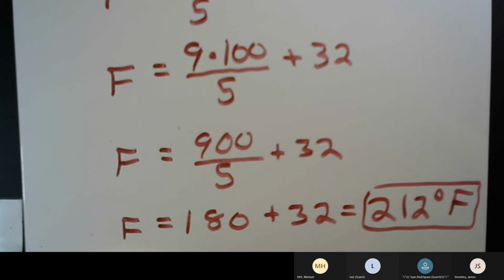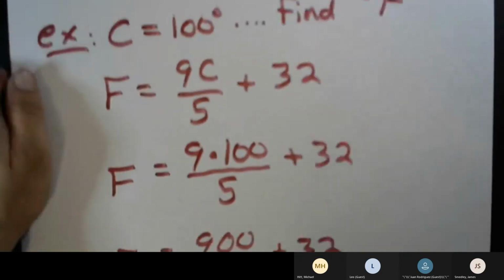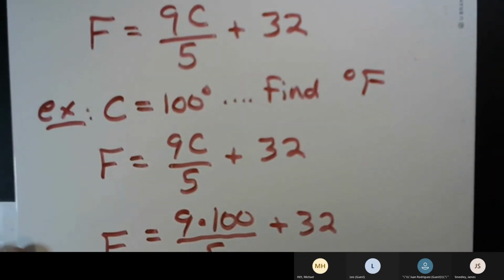So when you hear that water boils at 100 degrees, what they mean is 100 degrees Celsius, or 212 degrees Fahrenheit. All right. So that's the introduction to formulas, algebraic expressions, variables, and some of the language of algebra.